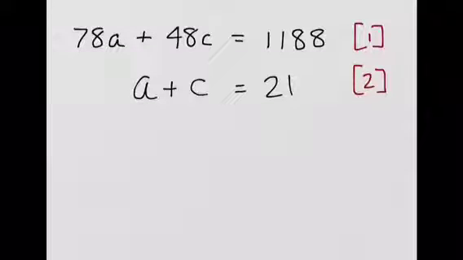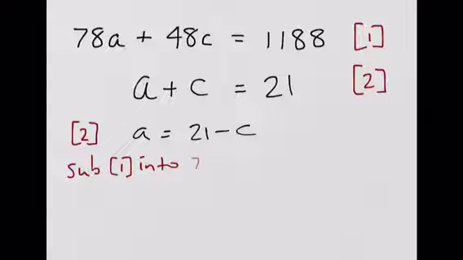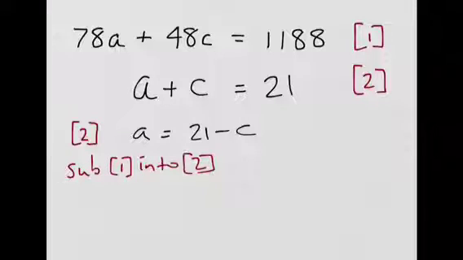Now from here we can start solving. I'm going to use the substitution method because that's what I prefer. We start with equation 2: A equals 21 minus C, just moving the C to the right hand side. This is going to be equation 3.